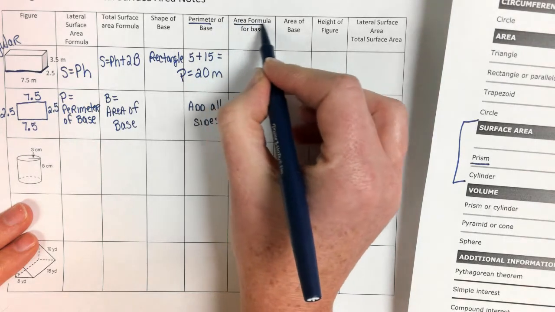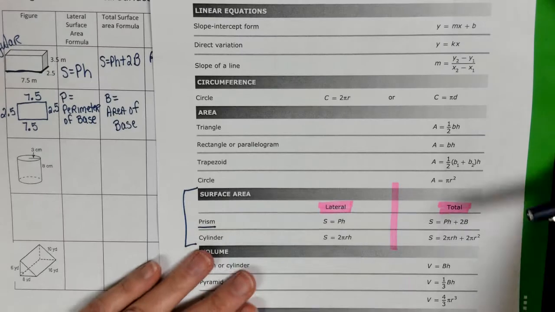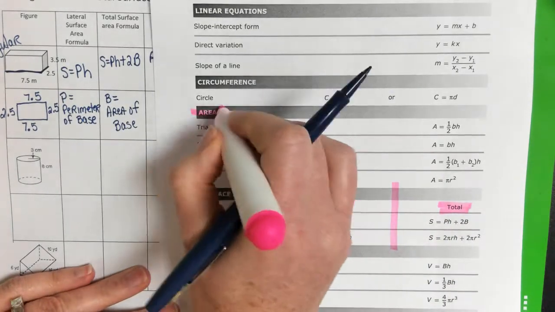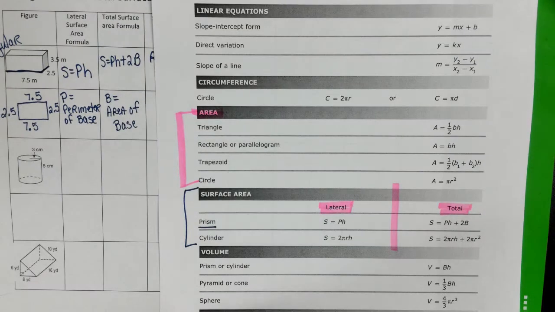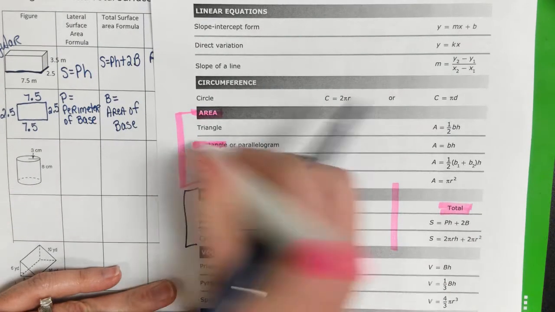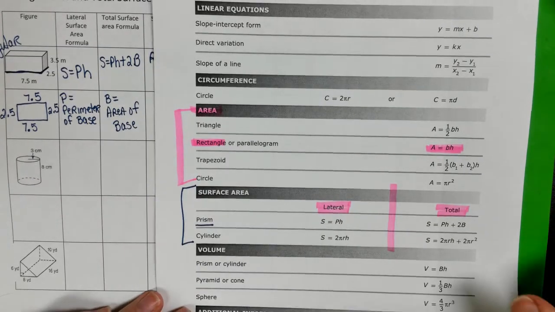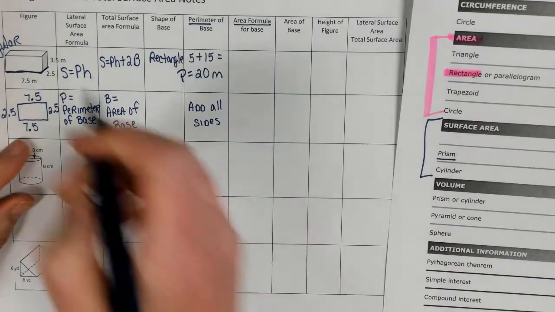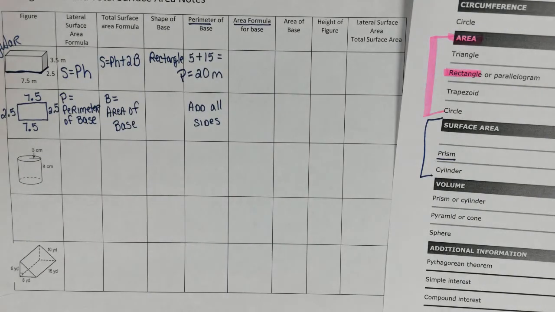The next thing it asks for is the area formula for the base. So let's go find area. Here's area, and here's all our area formulas. We have rectangles, so the area is little b times h, literally base times height. Again, we're just using this base that we just drew.